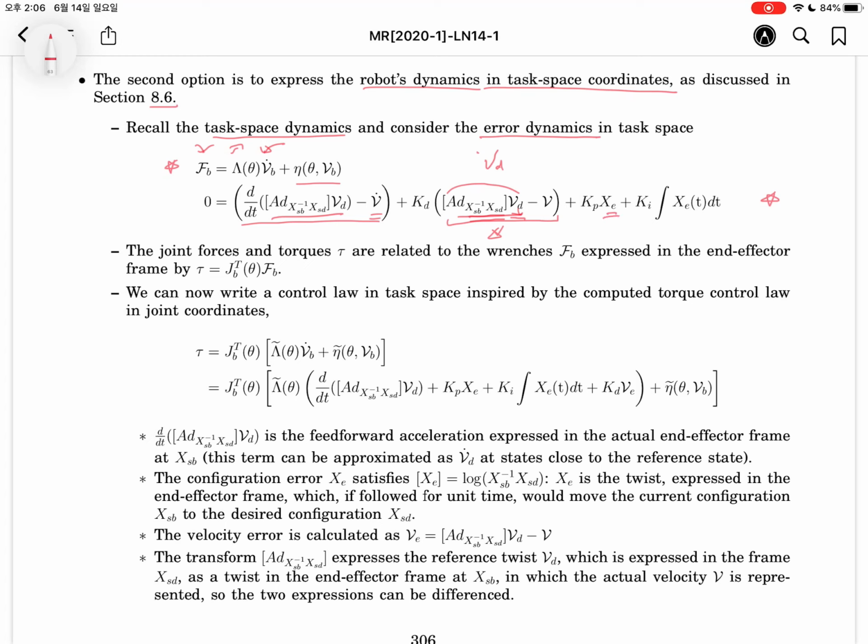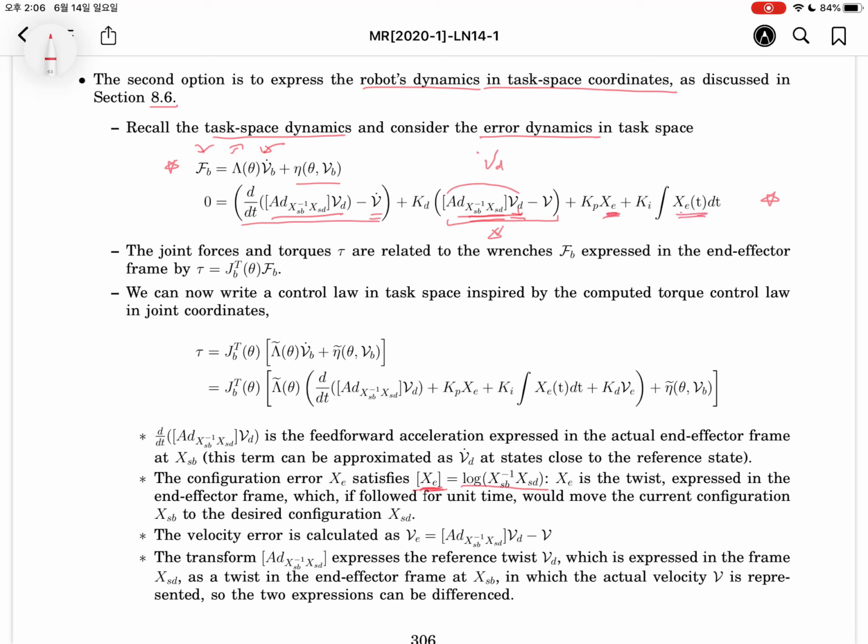And then this is the position error. The position error is obtained by the log transform of X_SB inverse X_SD. Then taking a logarithm, we can determine the 4x4 matrix. Then from here we can extract a 6-dimensional X_e. So this is the position error.